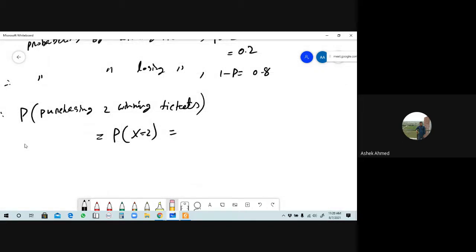We know the PMF of the binomial distribution is nCx.